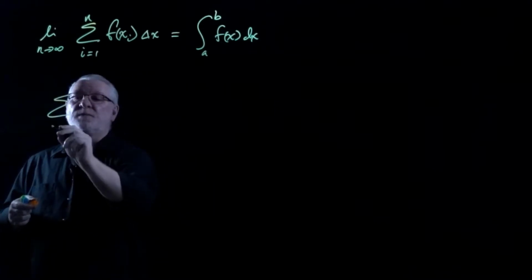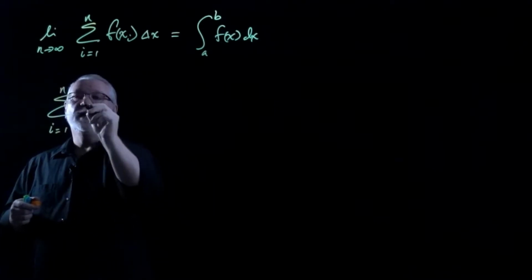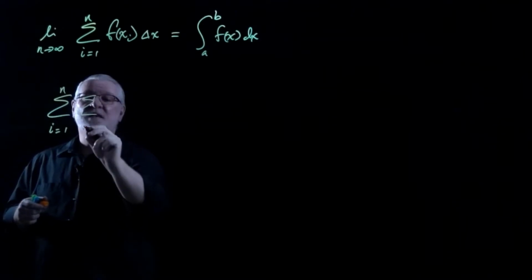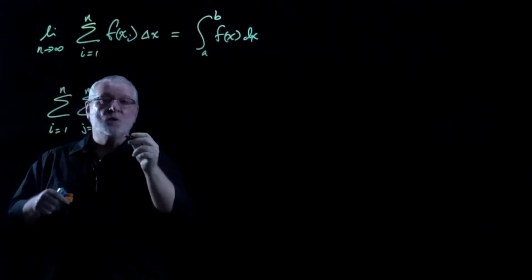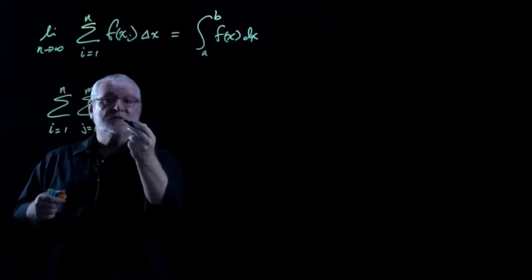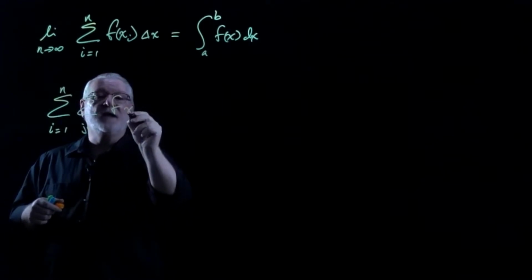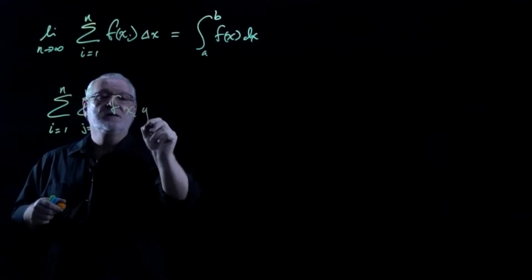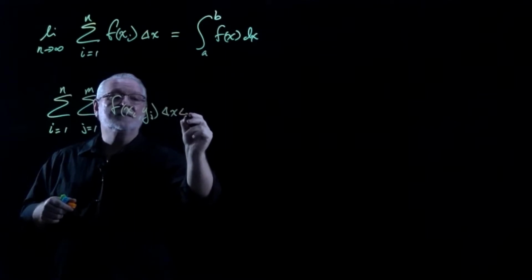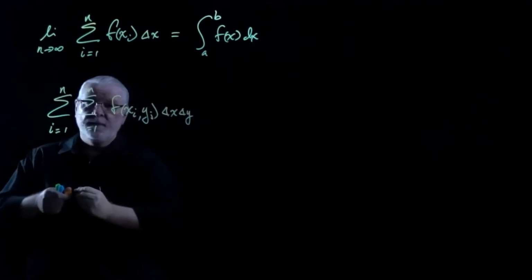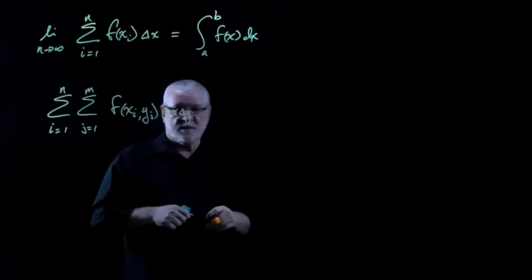The first one is going to be i equals 1 to n, and then we'll take a second sum, j equals 1 to m. And these will represent the two indexes for the two variables. And then that would be f of xi, yj, delta x, delta y.